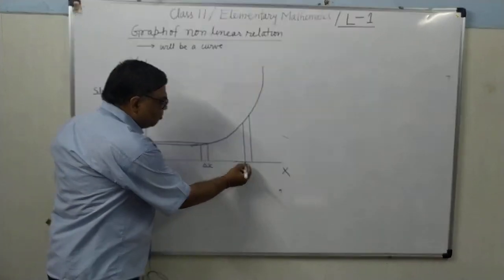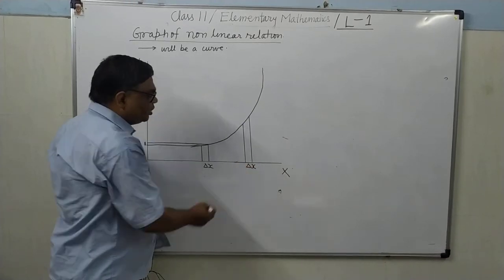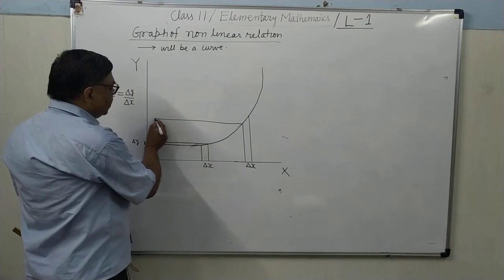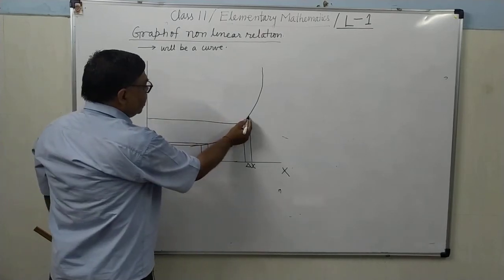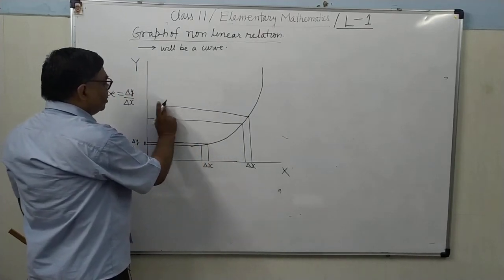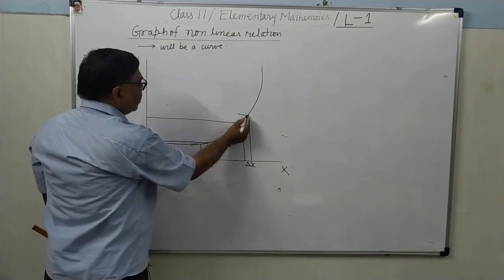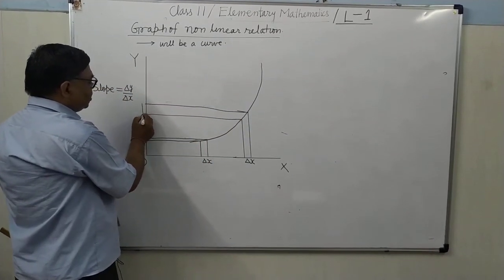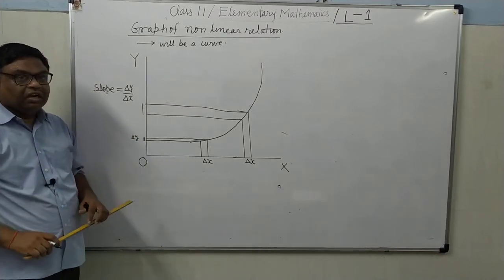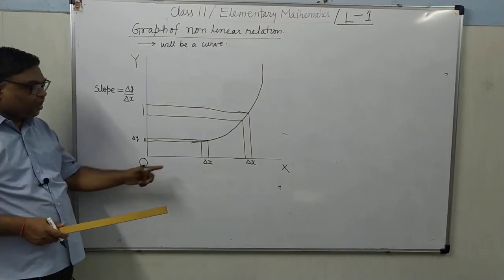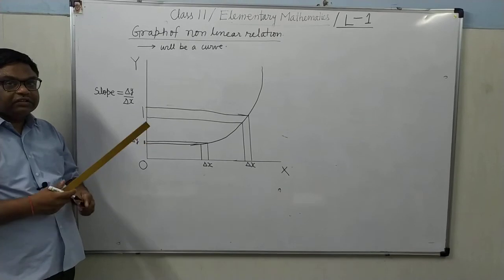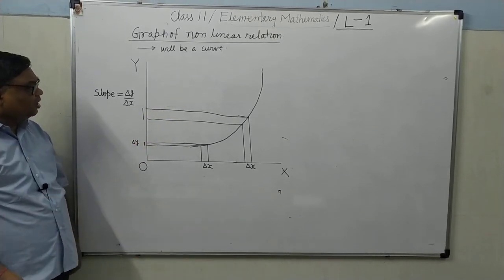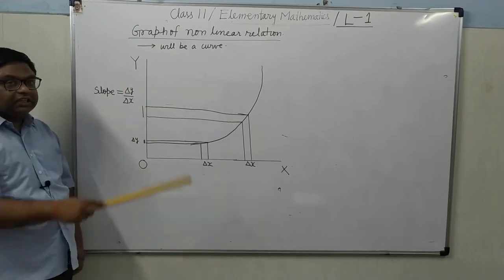Now for the same change in x values here, you can see that delta y is larger. It's clear. It has a larger value. It's clear for the same change in the values of x in two different regions. So from here you can see that the slope is increasing.